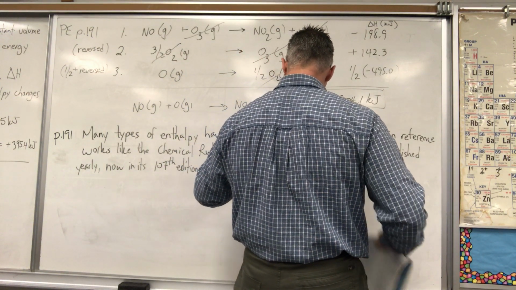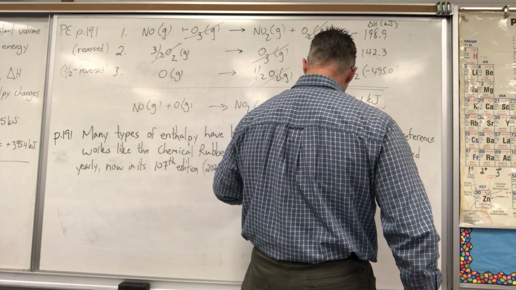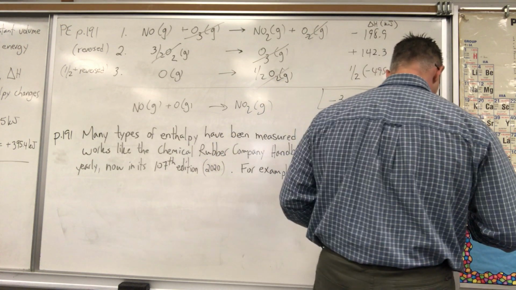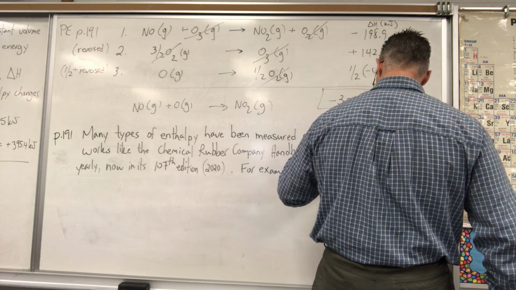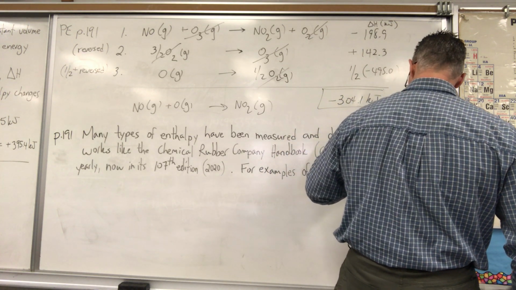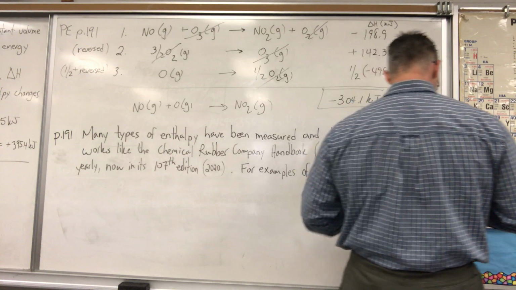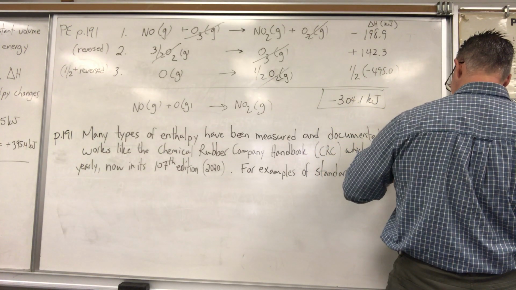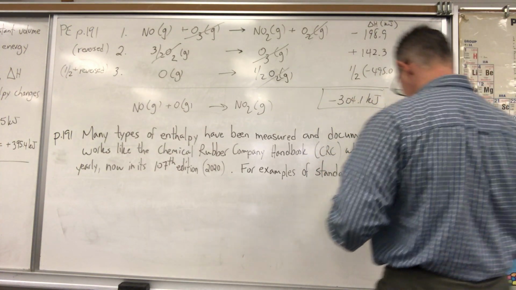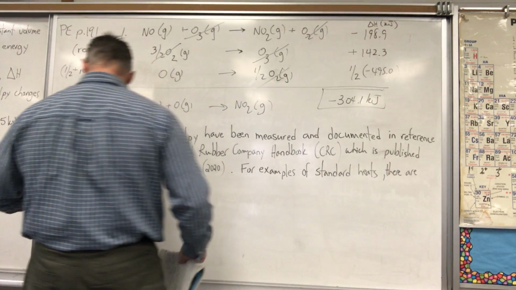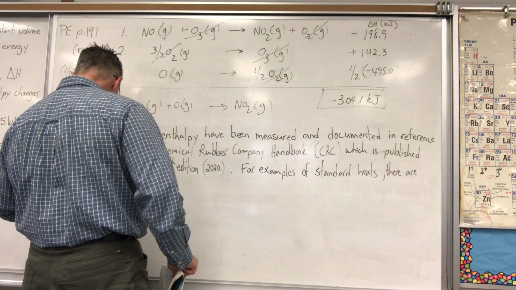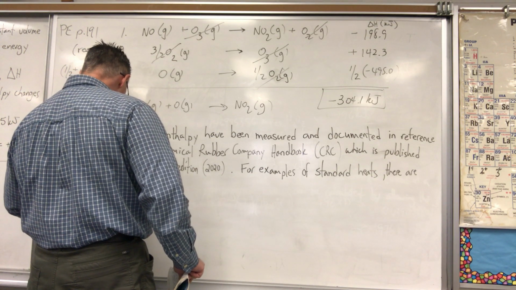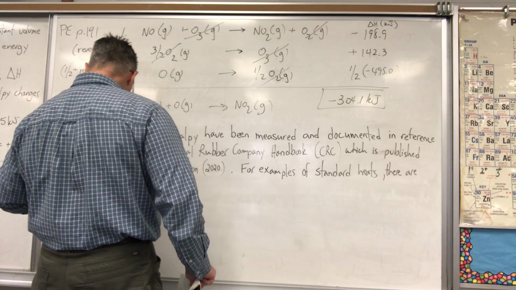For examples of standard heats, there are delta H of vaporization, and you put a knot on there.